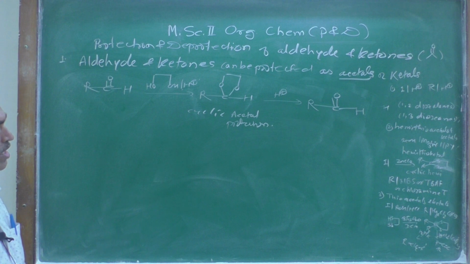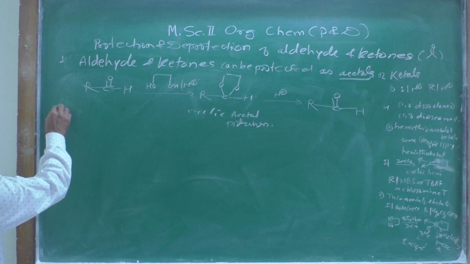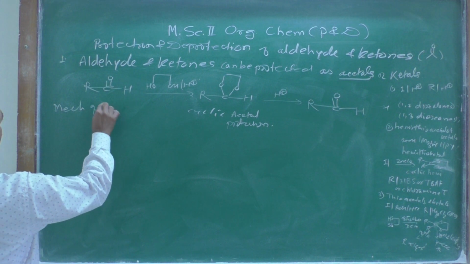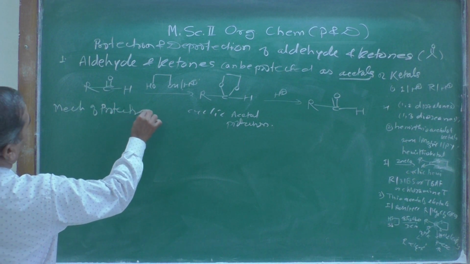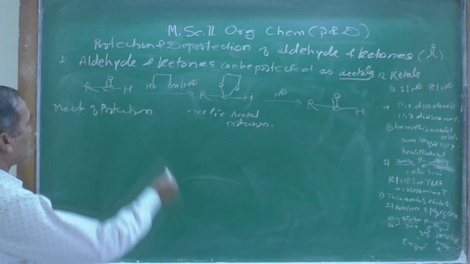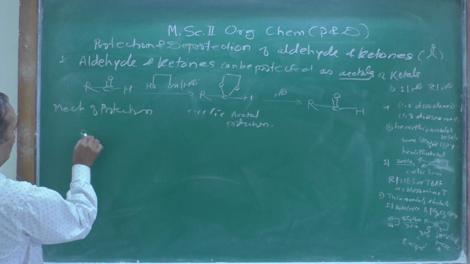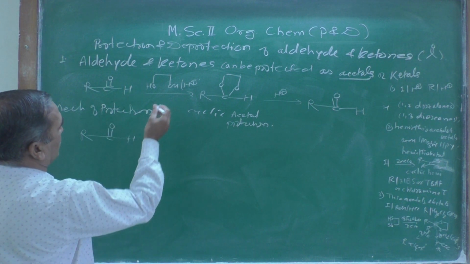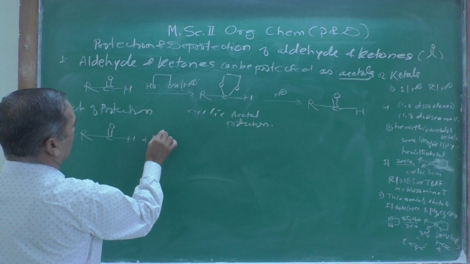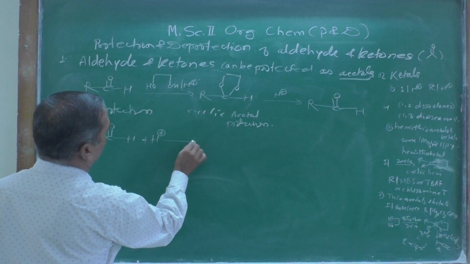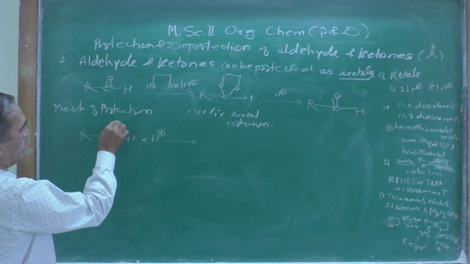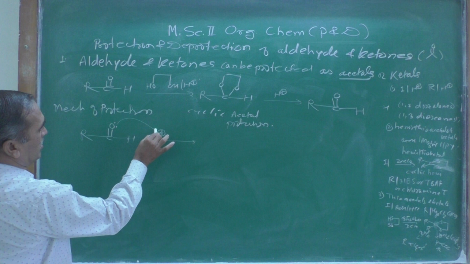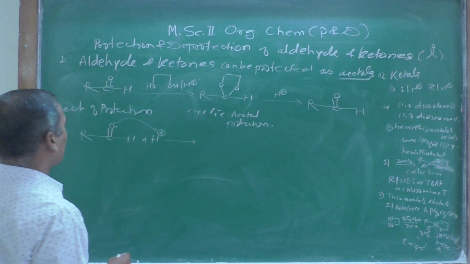So now let us look at the mechanism, how the mechanism of protection takes place here. Let us see here R, C double bond O, then H. Now it will be treated in acidic medium, and the lone pair which is present on the oxygen atom easily attacks that proton.